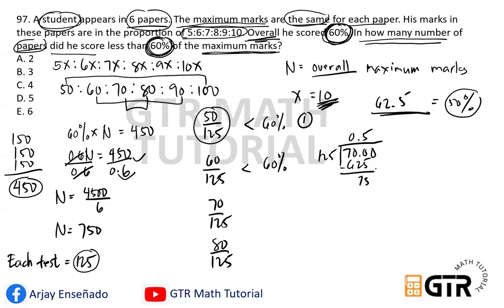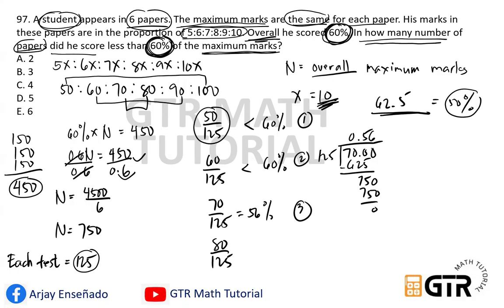Subtract, we have 75. Bring down 0, 750 divided by 125 is exactly 6. 6 times 125 is 750. So 70 over 125 is 0.56 or 56%, and that is less than 60%. So therefore, we have 1, 2, 3.